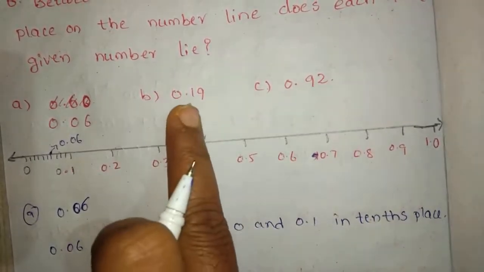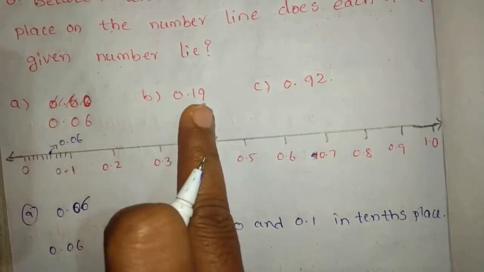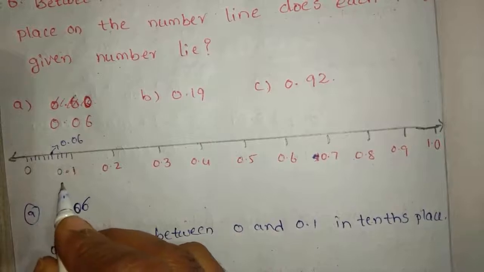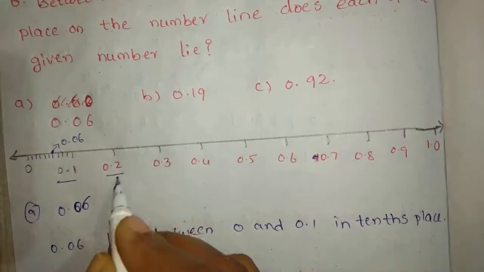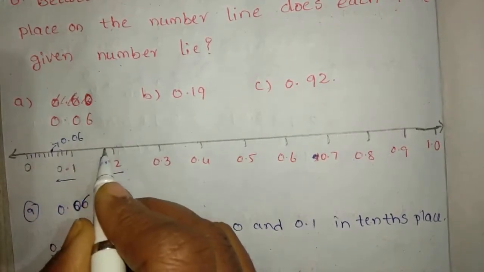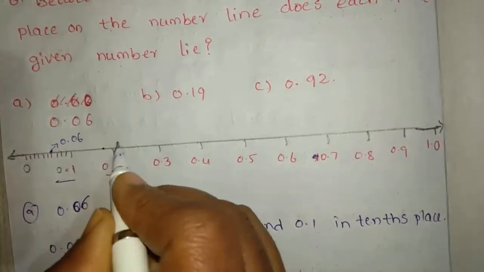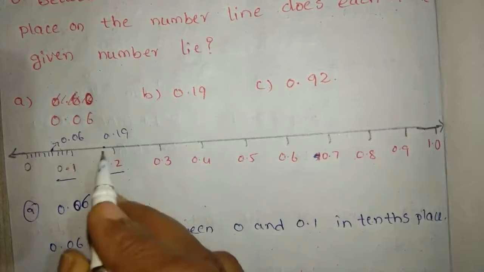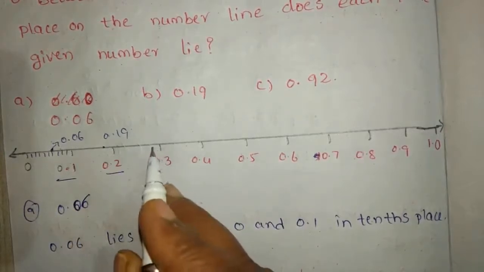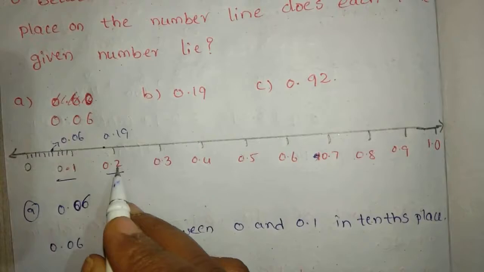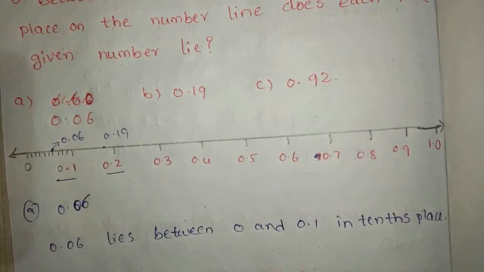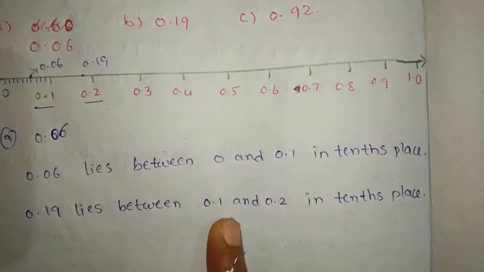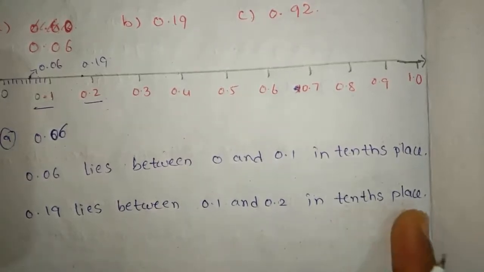Similarly 0.19, here 0.1 and 0.2. Here it represents 0.19. Therefore 0.19 lies between 0.1 and 0.2 in the tenths place.